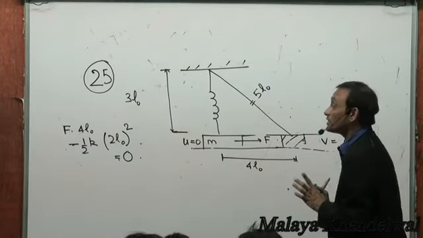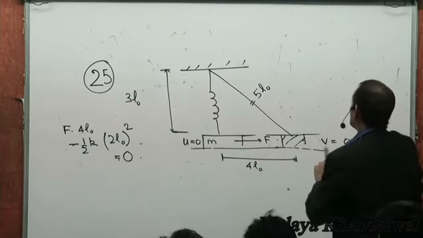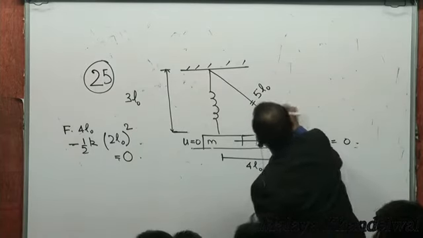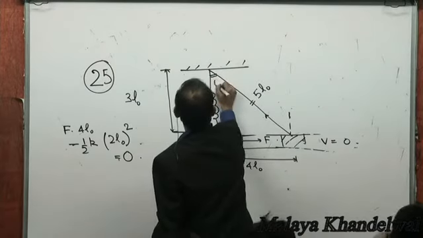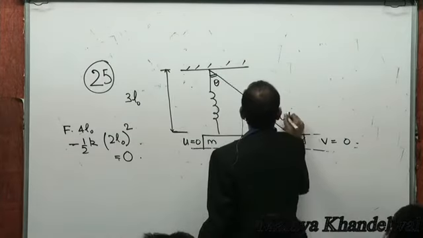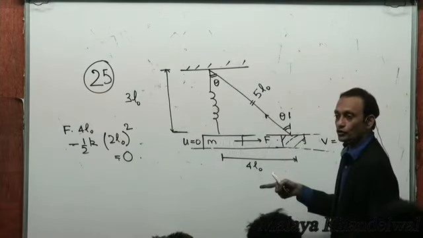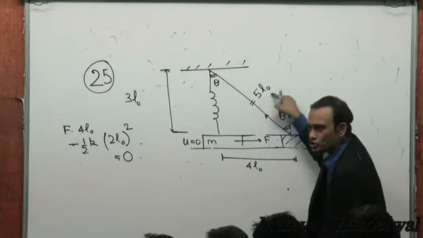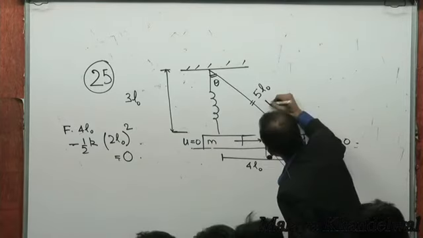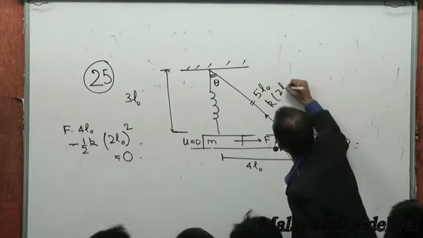Now, that's not all. At this point, what is the spring force? Say this angle is theta. What is the spring force here? Yes, K into 2L naught, because the elongation is 2L naught.